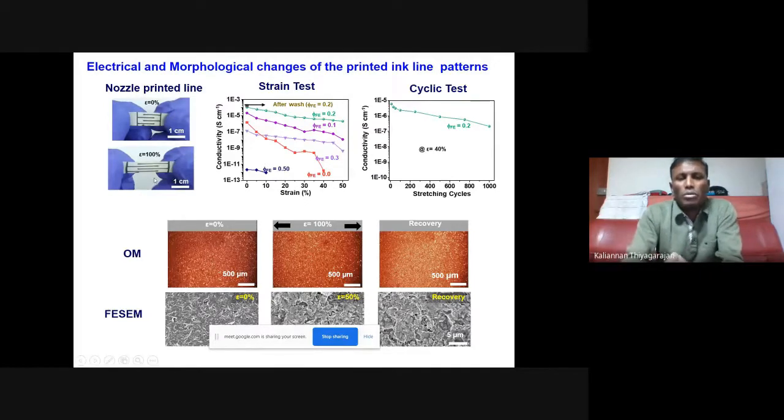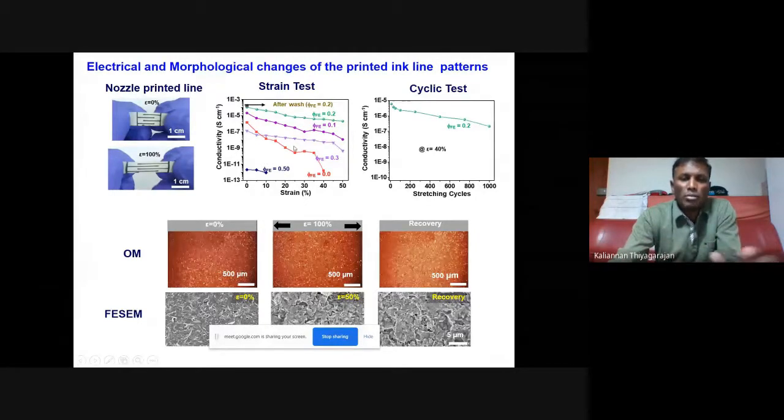Then I wanted to know the electrical performance, so to check the electrical performance of this developed ink, I tested it with strain. These are the inks with different concentrations of polymer, to find out which one is optimum for my next device fabrication.